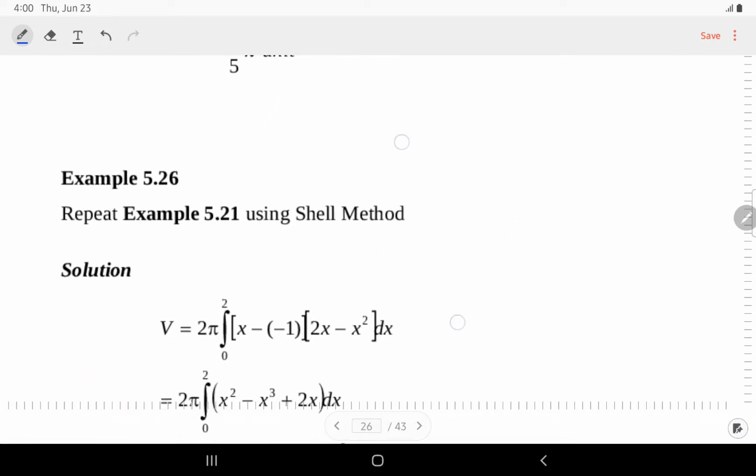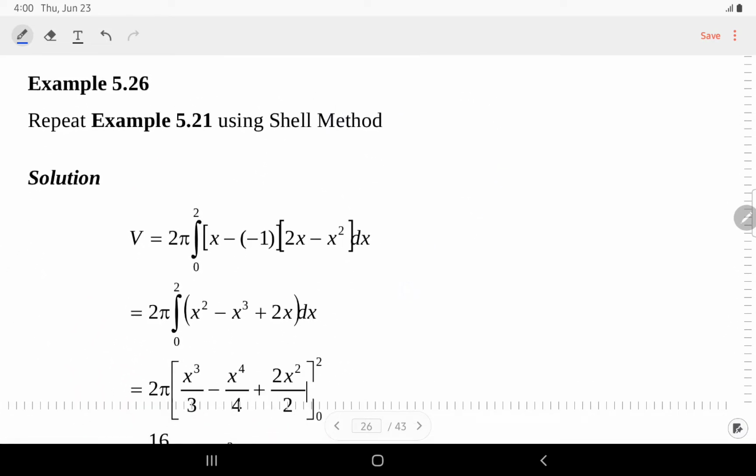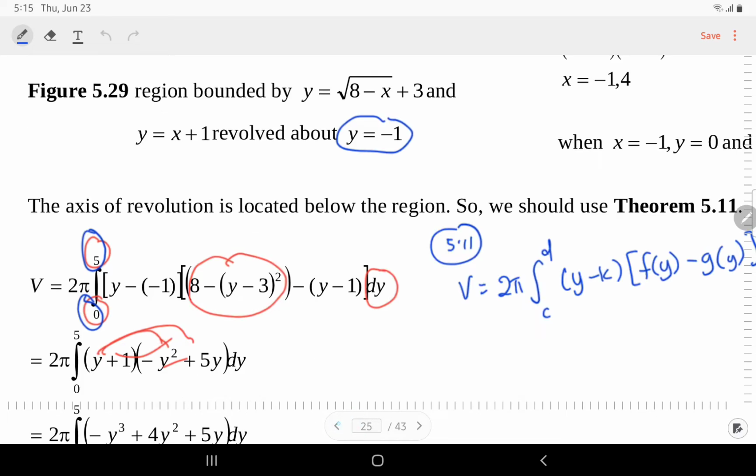Okay, next example is example 5.26. We need to repeat example 5.21 using the shell method. So let's refer to example 5.21.